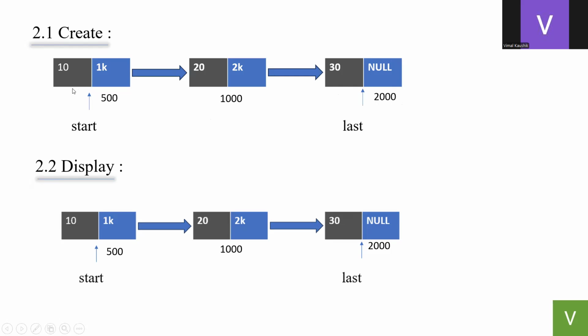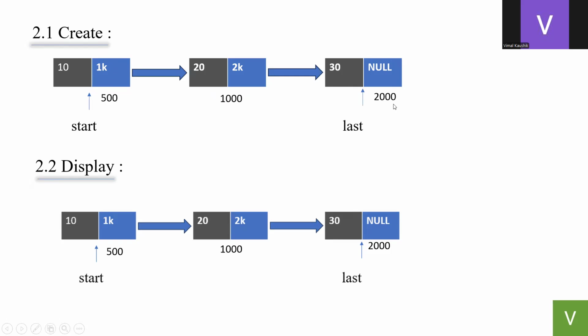As we know, the single linked list consists of two fields, a data field and an address field. In the data field we will store the element and the address field corresponds to the address of the next node. So here the second node has an address of 1000, so in the first node we will have 1000.